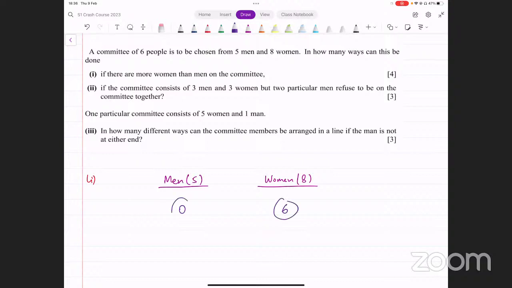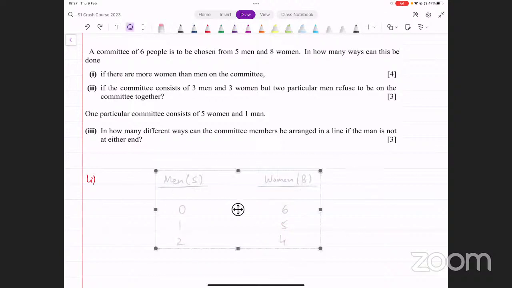So that's 6 and 0. That's one possibility. Another possibility could be that you've got 1 man and then 5 women. And then you could have 2 men and 4 women. And that's it. Because if you have 3-3, then the condition is not met. You want more women than men. These are the 3 possibilities that you have in this case.